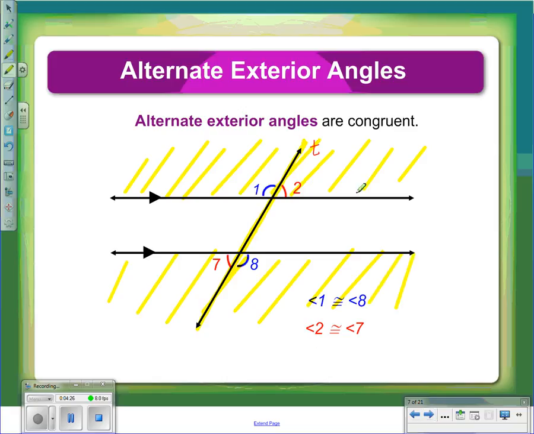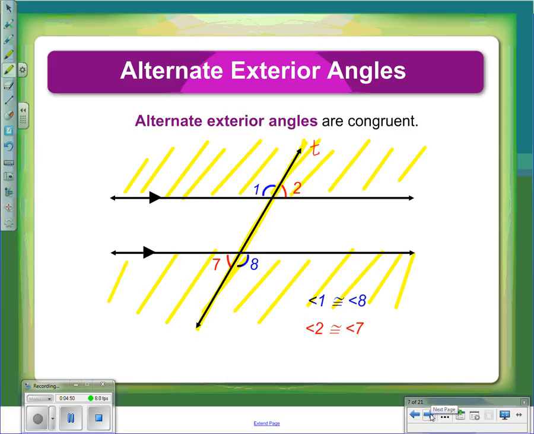So alternate means they're on opposite sides of the transversal, like angle 1 and angle 8, and they are also outside of my parallel lines. So angle 1 and 8 are exterior angles, and angle 2 and angle 7 are alternate exterior angles. These angles are also congruent. So angle 1 is congruent to angle 8, and angle 2 is congruent to angle 7.